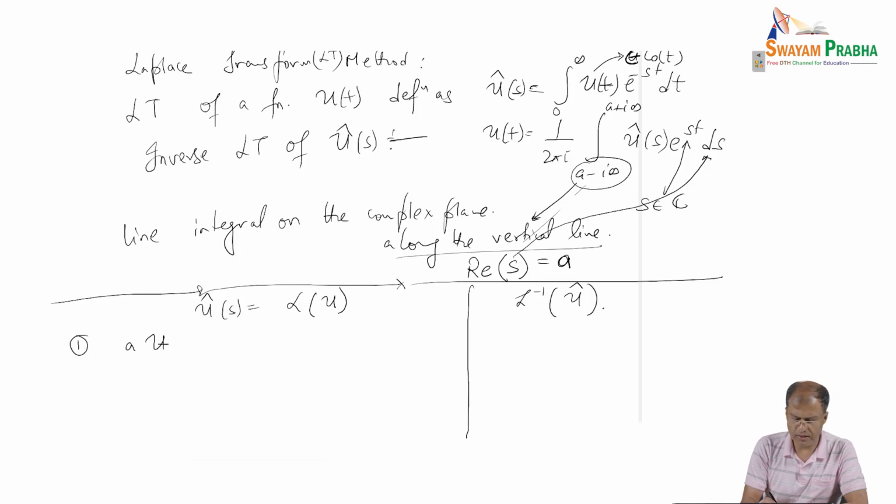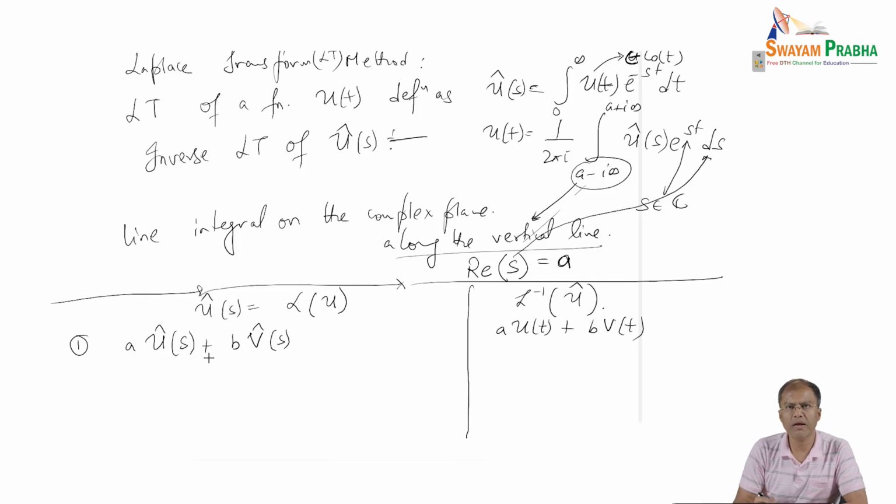If we are given the linear combination of u with v, we see that L inverse of the combination is a of u of t plus b of v of t. What it means is that the Laplace transform is a linear operator, so it linearly transforms.